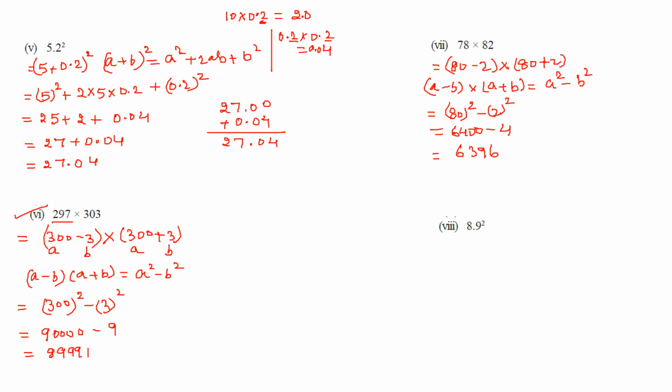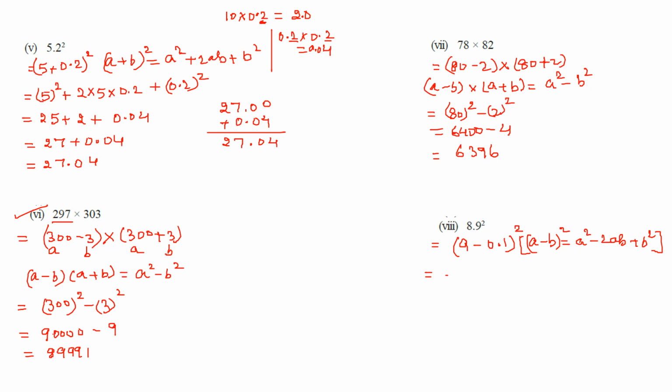Now next is 8.9 square. Now 8.9, it is close to 9. So I can write 8.9 as 9 minus 0.1. Isn't it? 9 minus 0.1 is 8.9, square. And then I can use the identity a minus b whole square, which will give me a square minus 2ab plus b square.